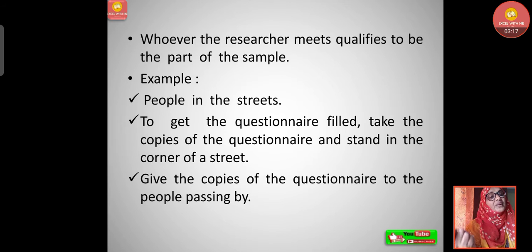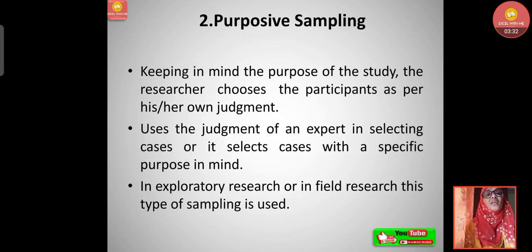For example, people in the streets: they can conveniently approach them, take copies of the questionnaire, stand in the corner of a street, and give the copies to the people passing by. So that you can do very conveniently.